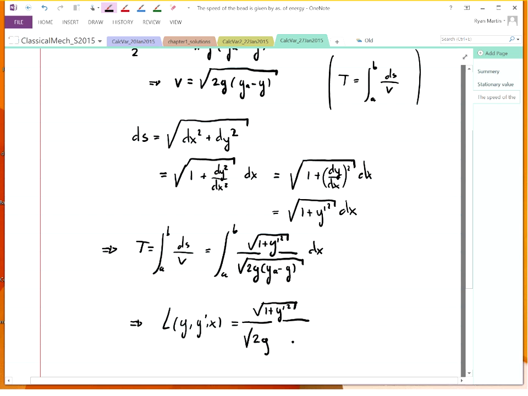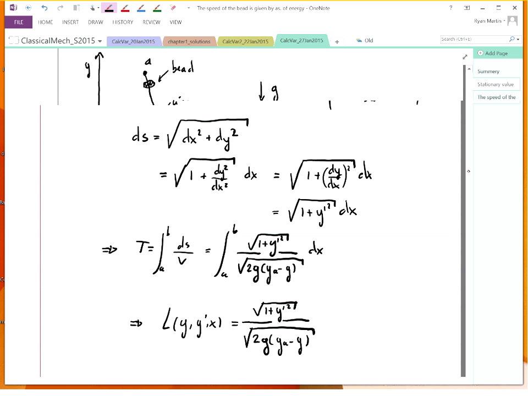So that's the square root of 1 plus y prime squared divided by the square root of 2g times ya minus y. Where my g's and y's look very similar.